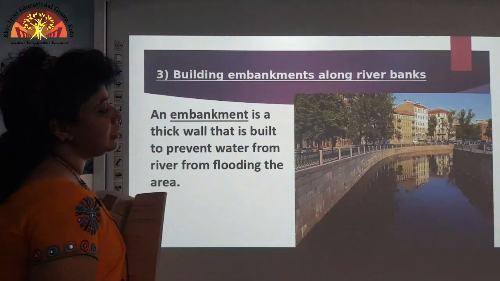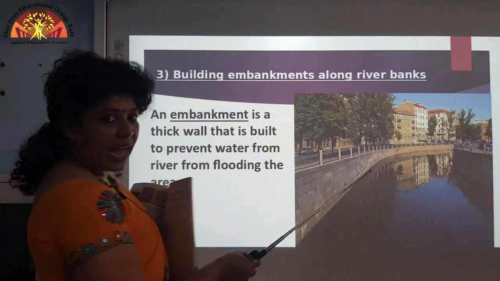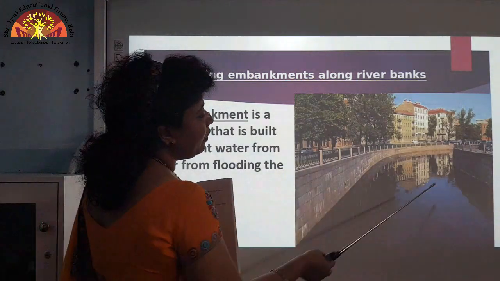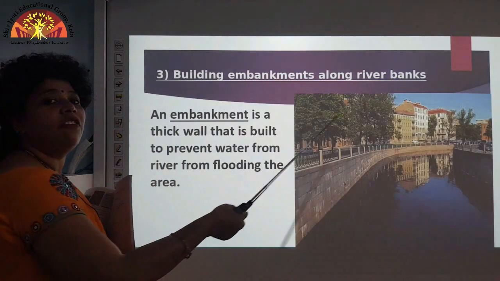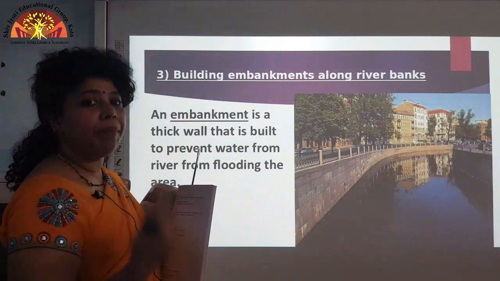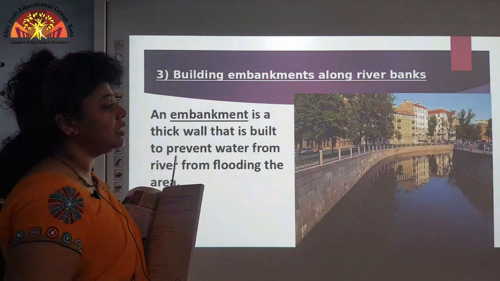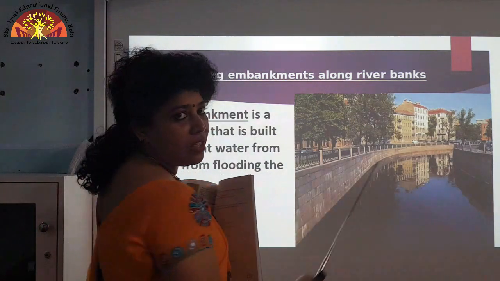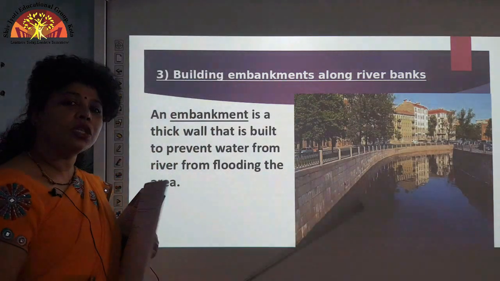So, when the water level rises in the river, these embankments prevent the river water from flooding the surrounding areas, and floods are one of the main causes of soil erosion. So, that way these embankments along the sides of the rivers prevent soil erosion.